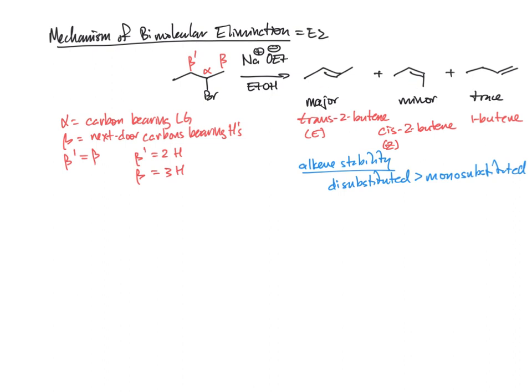Disubstituted alkenes are more stable than monosubstituted, because we're forming this, which is disubstituted, as the major product in preference to a monosubstituted. Now between these two disubstituted, as was alluded in the chat, the trans is more stable than the cis. Can you think of a reason why that is?